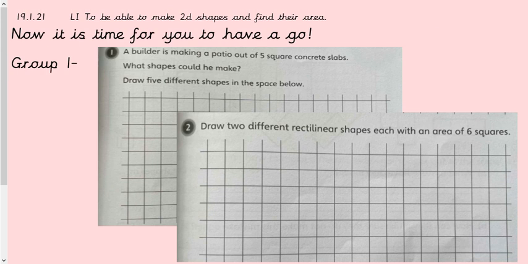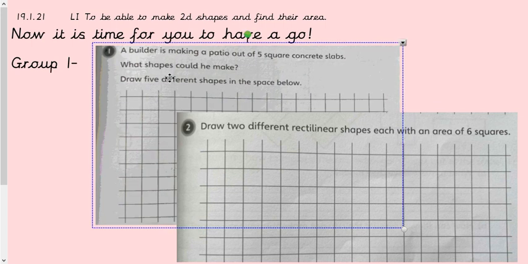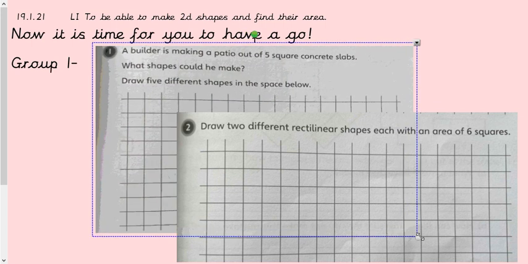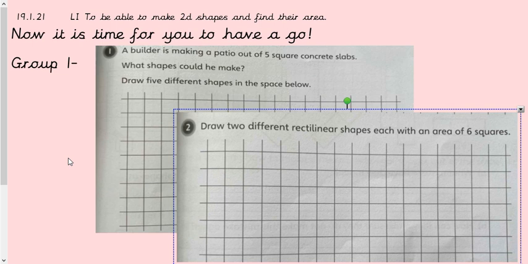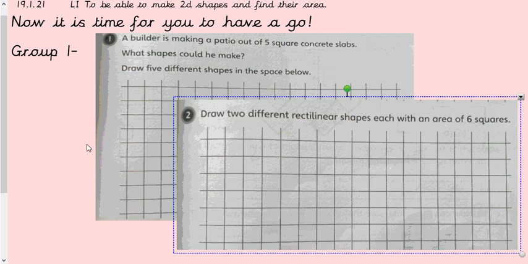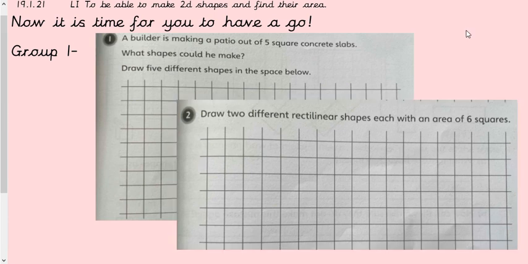So today your questions are here. So you will need to draw some more grids in your book, I'm afraid. So this is group 1. There are 2 questions for group 1, 2 for group 2, and then a challenge. Spend about 20 minutes or so doing them, no longer. And if you do finish them, then move on to the challenge. And we'll go through the answers at the end of the video. They are also on Microsoft Teams if you want to have a look on there or on the school website.